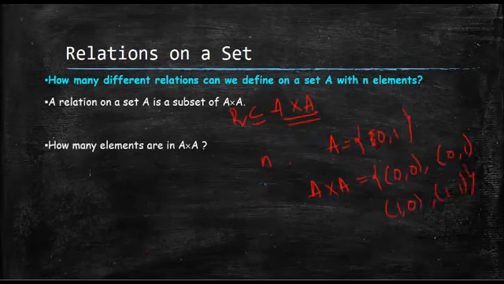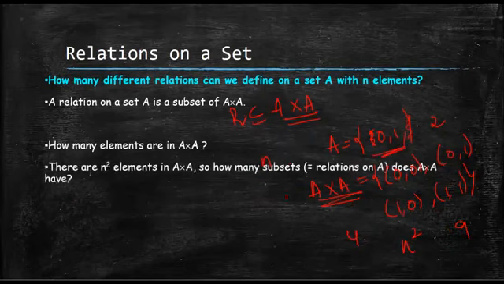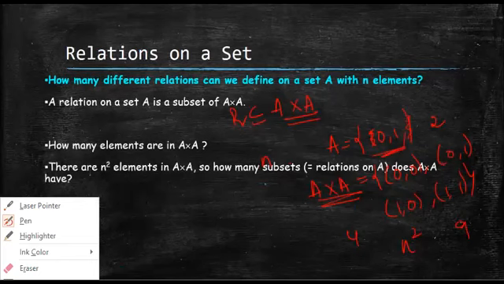Now if you notice, if there are 2 elements in A, A cross A has 4 elements. So basically it will be n square. If we have 3 elements, then you will have 9 elements in the Cartesian product A cross A. There are n square elements in A cross A.